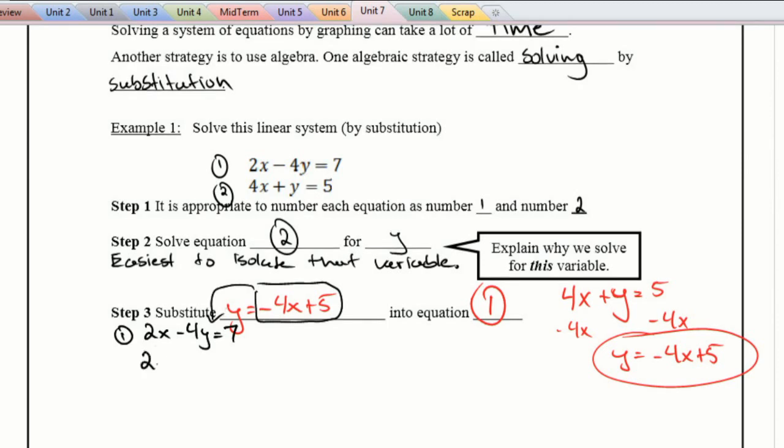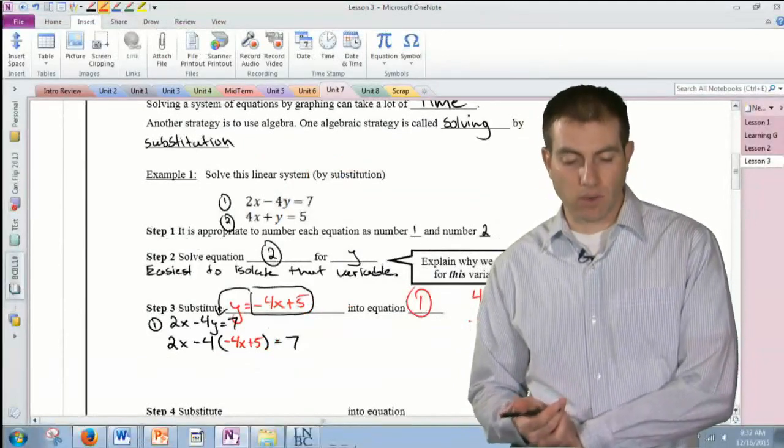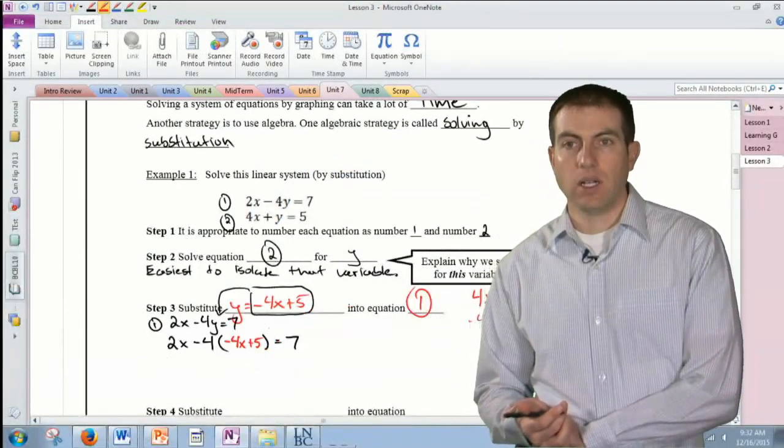So it's going to look like this. 2x minus 4, and then I'm substituting negative 4x plus 5. So everywhere in that equation where there's a y, I know y is equal to negative 4x plus 5.